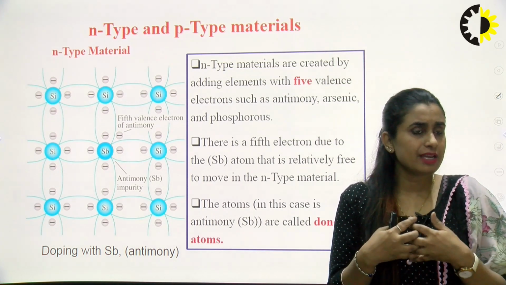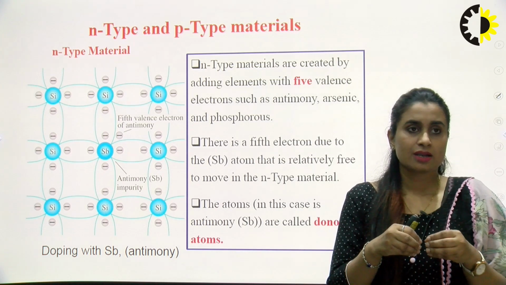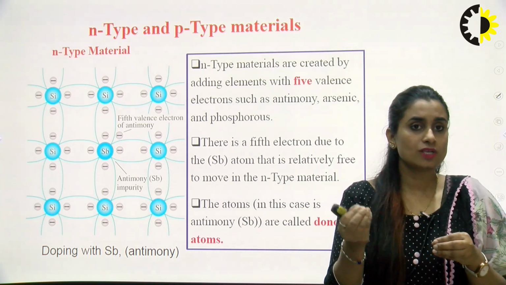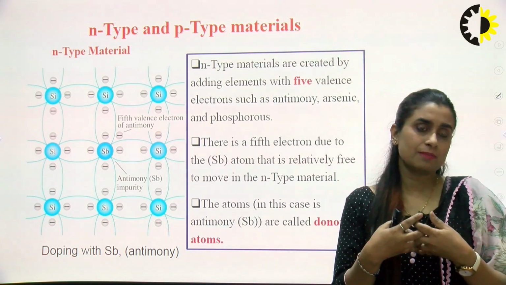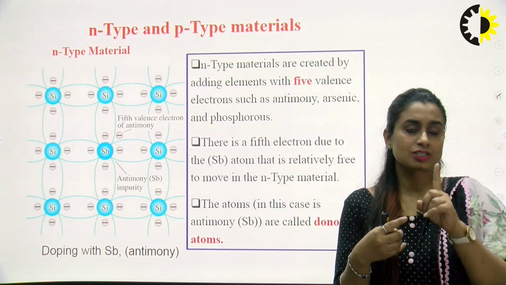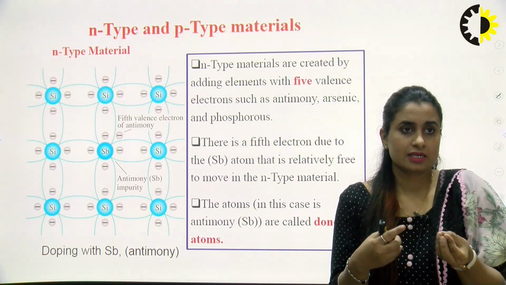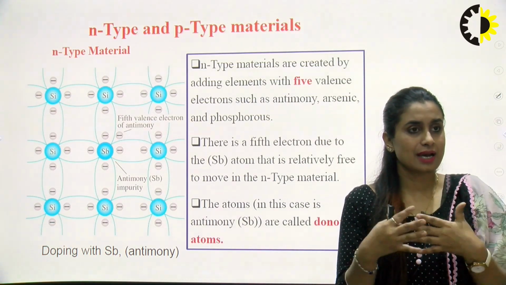So, if we dope it, if we add some impurity of elements like antimony, arsenic or phosphorus, which usually have 5 electrons in their outermost shell, 4 will help in making the covalent bond and there will be 1 electron with every atom added. That will act as a free electron for the conduction of current.